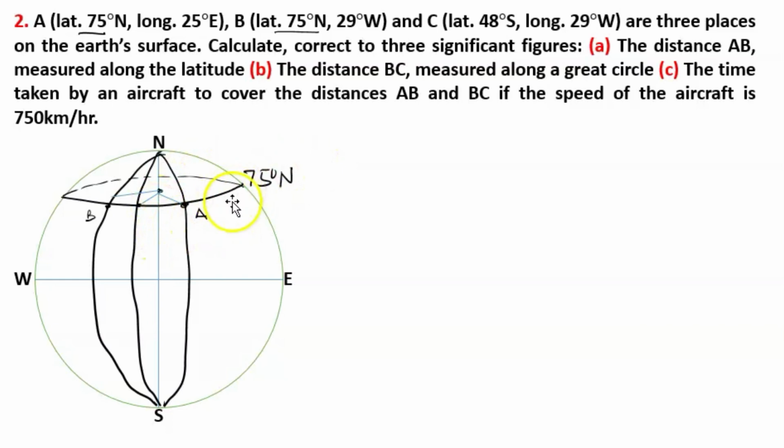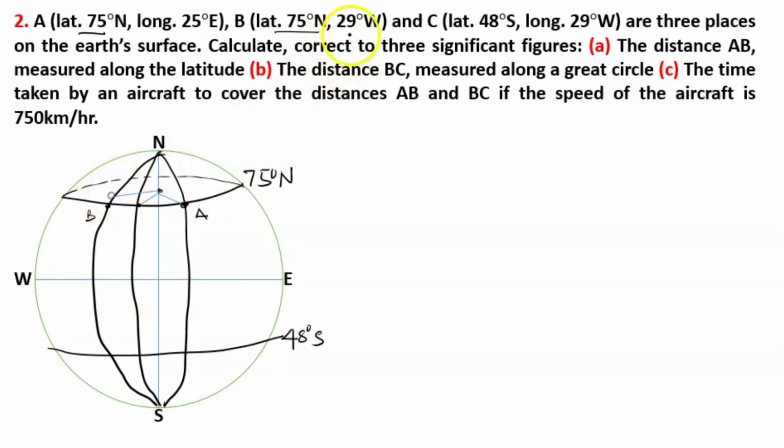All right, so having done that, then we have another point C, which is at latitude 48 degrees south. The longitude is 29 degrees west.